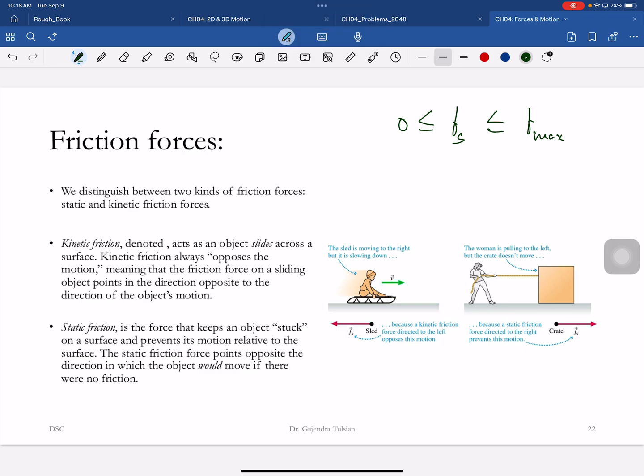Here's an example. I want to walk. How do you walk? What I'm trying to do is push my leg back, and if my leg slips, then I'm not going anywhere. So when I push back, my leg is trying to go in that direction.